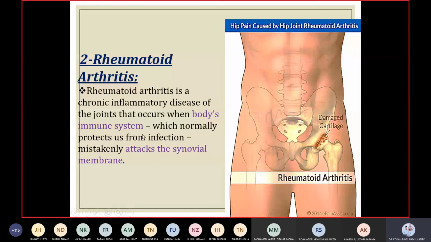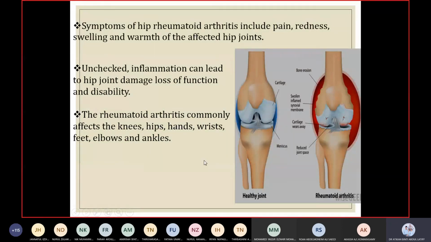For rheumatoid arthritis, the body's own immune system attacks the synovial membrane. So there is some inflammation going on. The cartilage is damaged, but due to our own body system attacking it. Because there is inflammation, there is also redness, swelling and warmth at the affected joint.